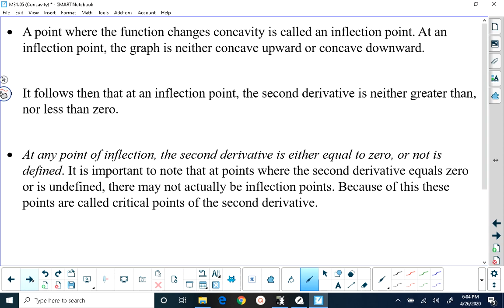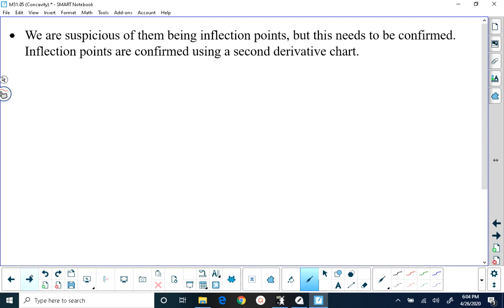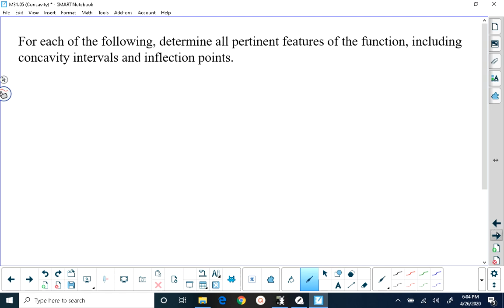Just like with max-min points, we had to do a first derivative chart to identify which critical points were max-min points. To find out which critical points for the second derivative are actually inflection points, we must do a second derivative chart. That's a lot to take in, but we're going to do a couple of examples here.